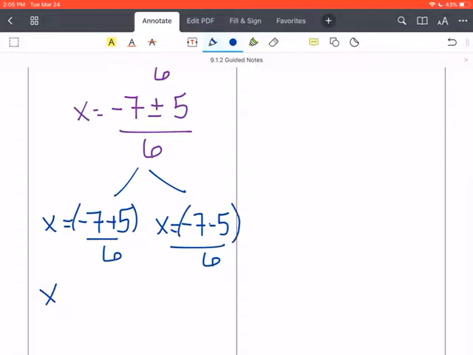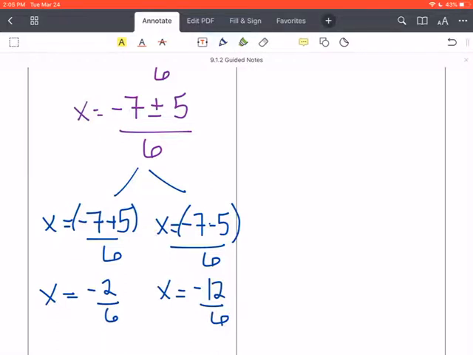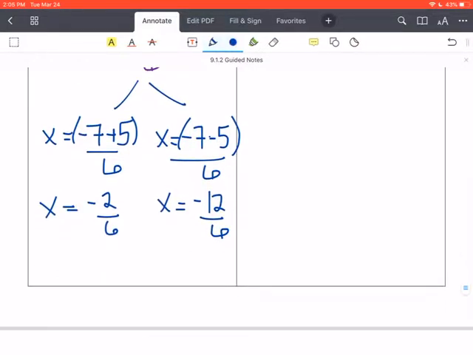There's no choice. So -7 plus 5 is -2 over 6. And then -7 minus 5 is -12 over 6. Always simplify the fractions. So we see that our final answer is x equals -1/3 and x equals -2.